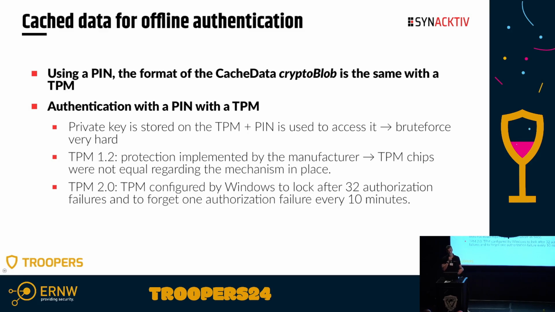But with TPM 2.0, Windows is able to configure it to lock after 32 authorization failures, and it will forget one authorization failure after 10 minutes. So if you have a TPM, it will be way harder to brute force the pin, and therefore to get the DPAPI request key as well as the PRT file.